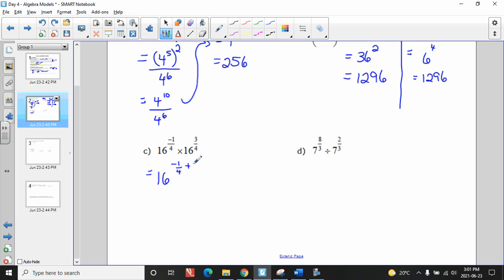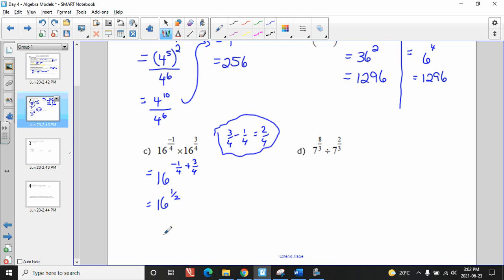Luckily, they have a common denominator, so they're going to be nice and easy to add. Negative a quarter plus 3/4, or 3/4 take away 1/4, will be 2/4, or we can reduce that to 1/2.